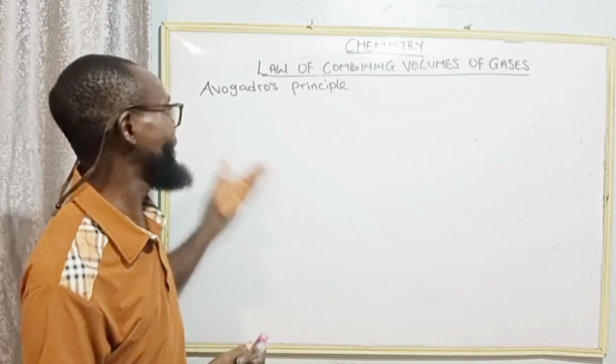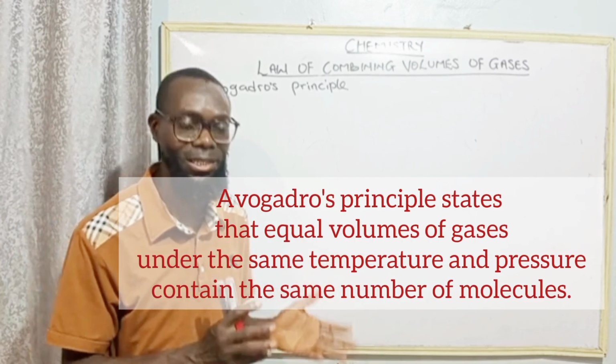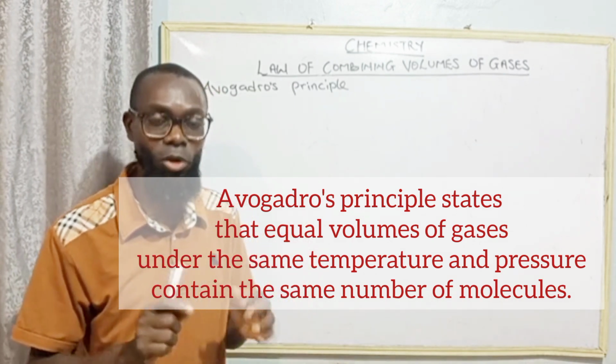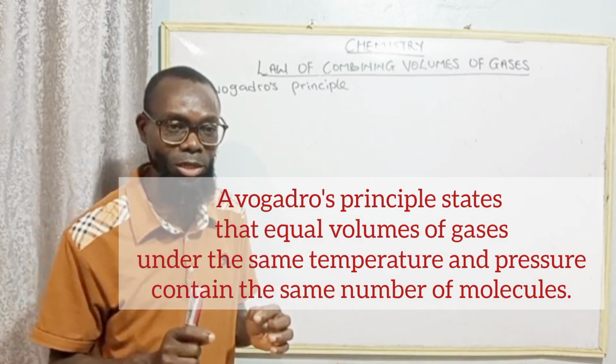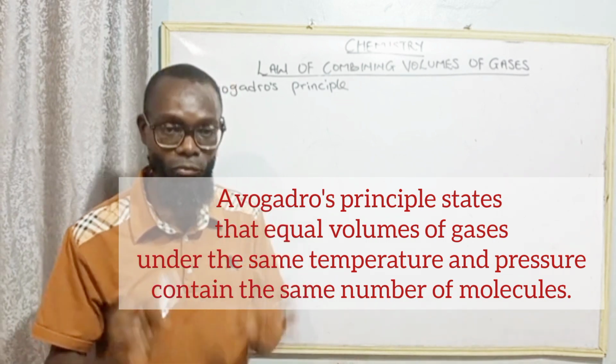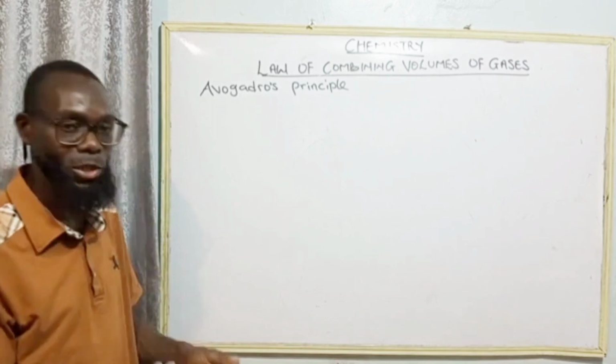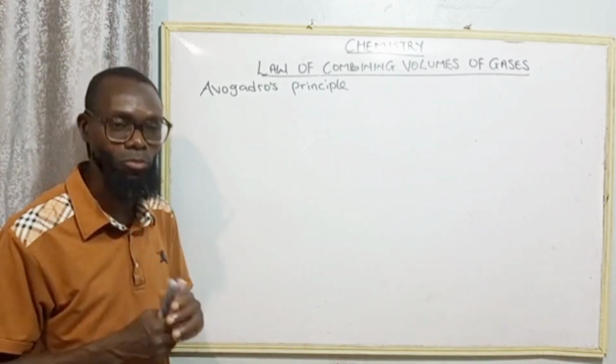Avogadro's principle or law states that equal volumes of all gases under the same conditions of temperature and pressure contain the same number of molecules.